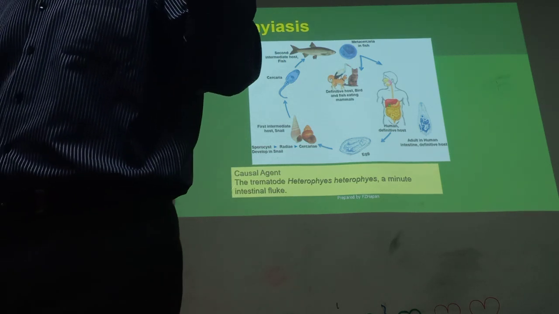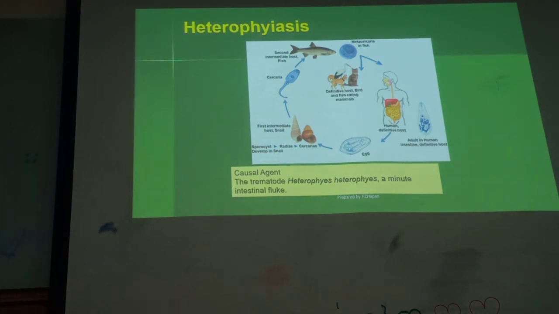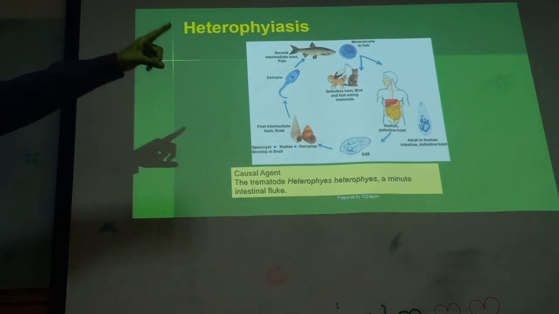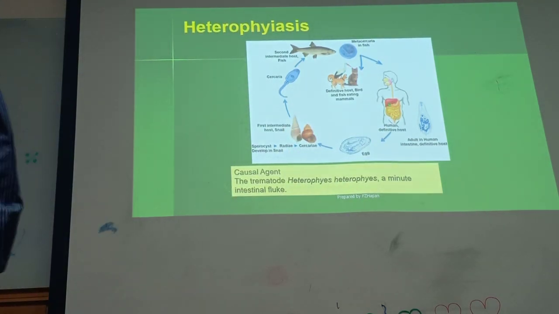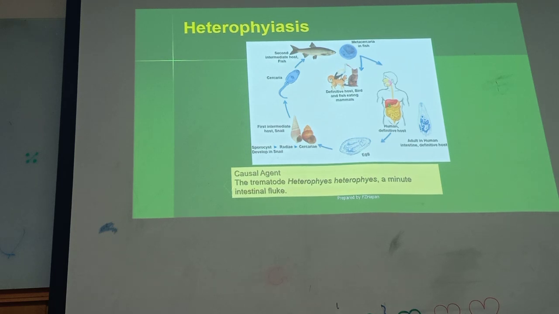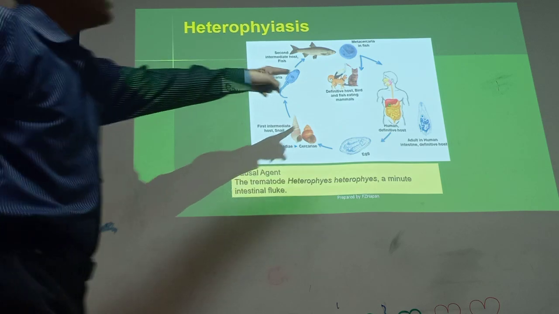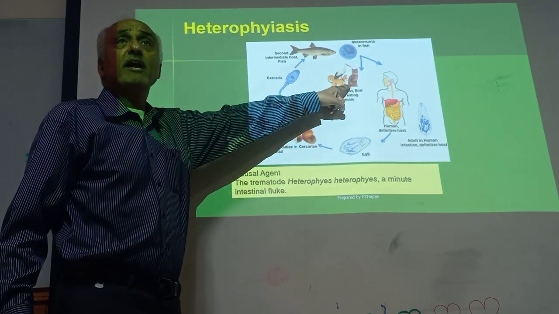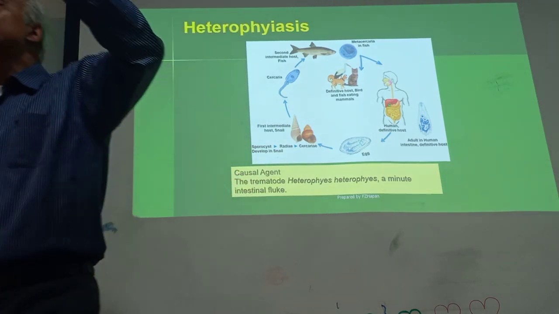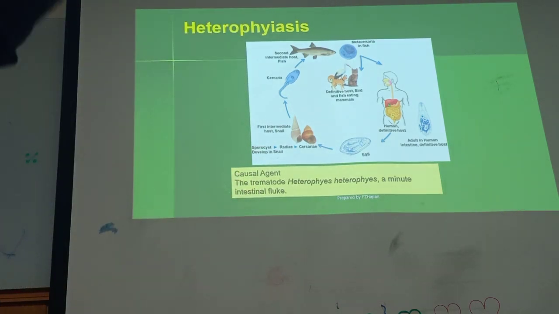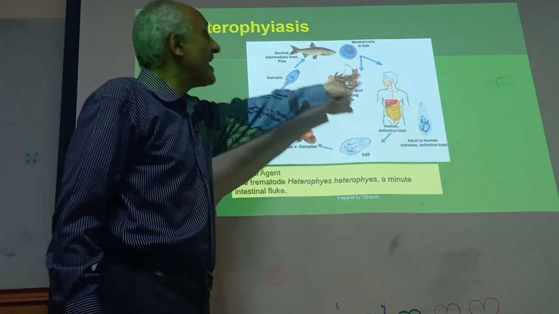So, what is the scenario? The eggs may be laid by infected humans, with plenty of worms inside the intestinal tract, or by other fish-eating carnivores and birds. Okay? They are laying eggs.